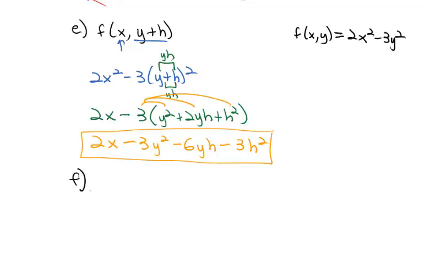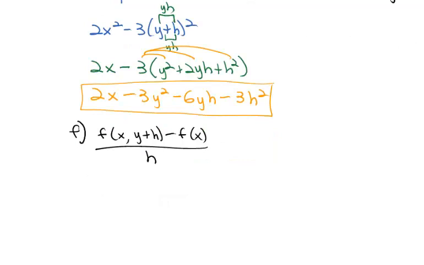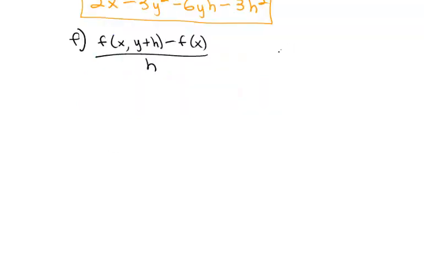So now let's try the fun one. The f of x, comma, y plus h minus f of x, y all over h. And again, by way of reminder, because it's not on our screen anymore, f of x, y is 2x squared minus 3y squared.